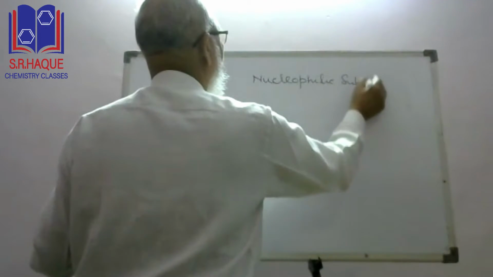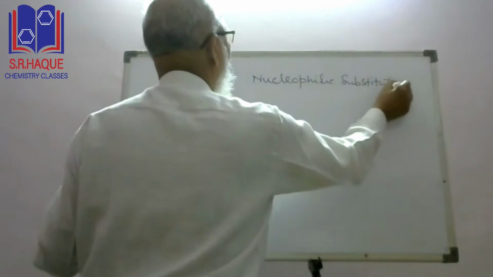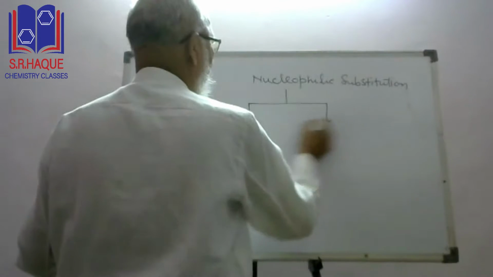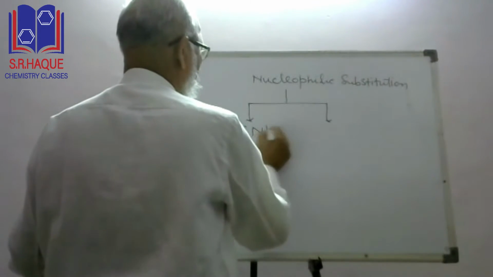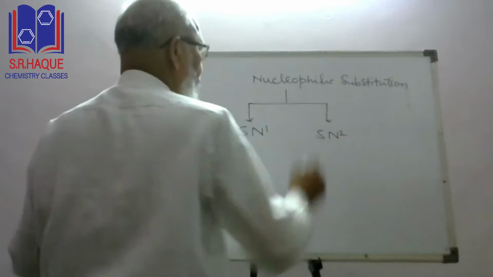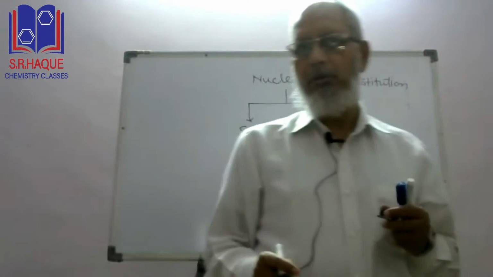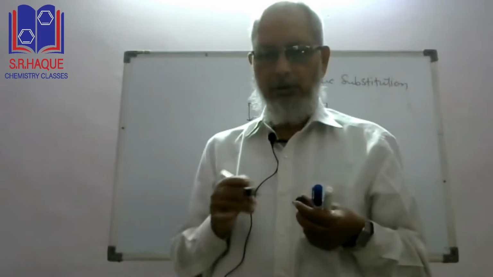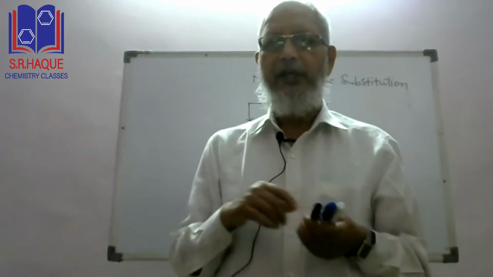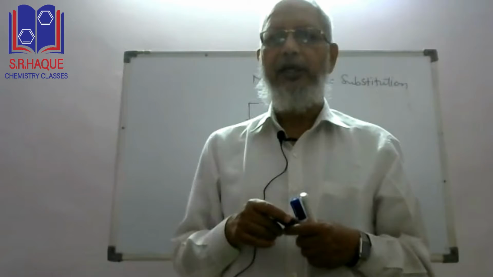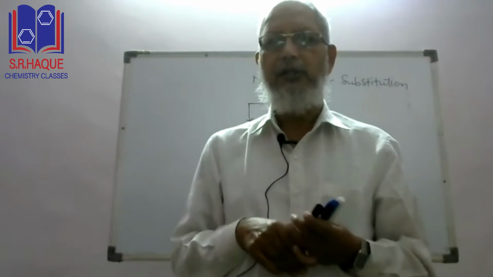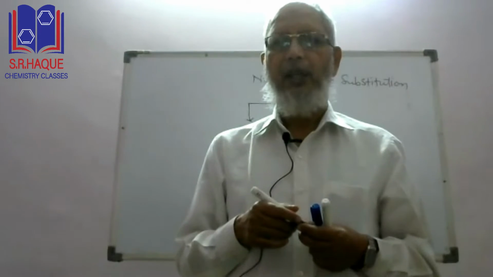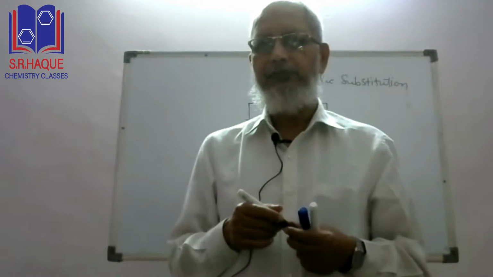And before discussing SN1 and SN2 reaction, we shall see that among alkyl halides, that is alkyl chlorides, bromides, iodides or fluorides, what would be the order of the nucleophilic substitution reaction and what is the cause behind it.